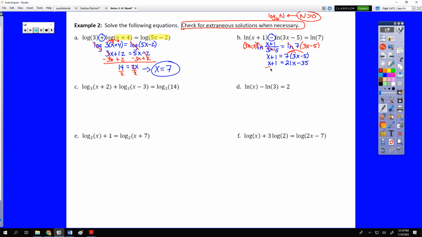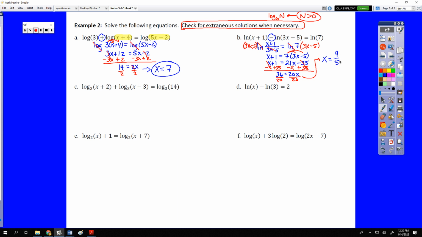Isolate the variable by subtracting an x and adding 35 to each side. That would give us 36 equals 20x. Divide by 20. And we get x equals 36 over 20, which reduces to 9/5.